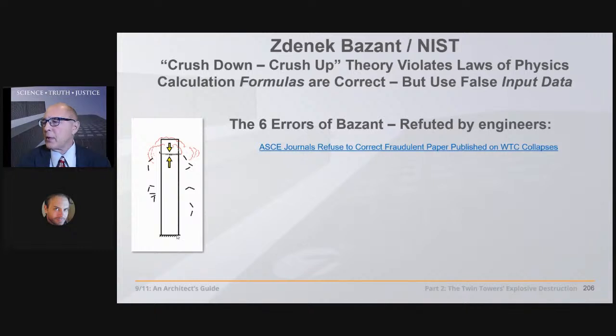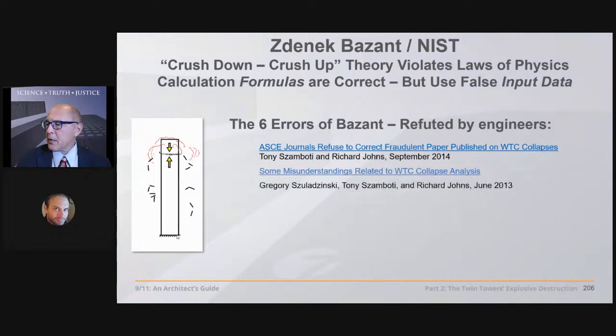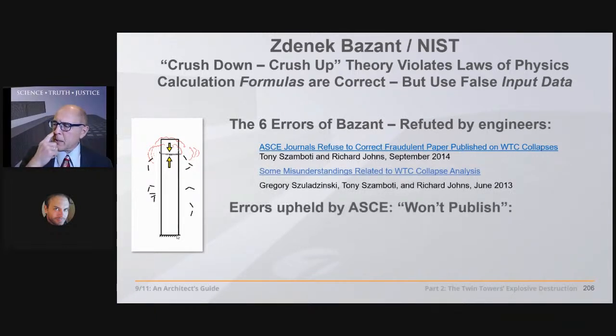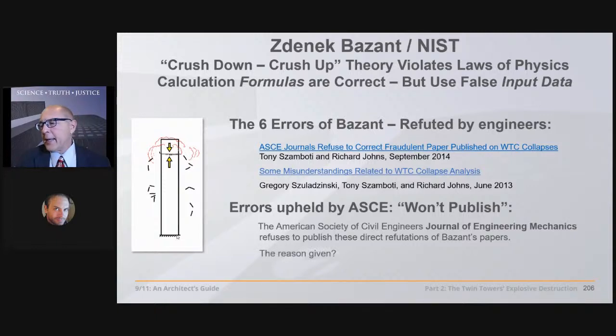So these are refuted by engineers, but the American Society of Civil Engineers refused to publish this article by Tony Szamboti and Richard Johns. Both of these articles, their reason, out of scope.